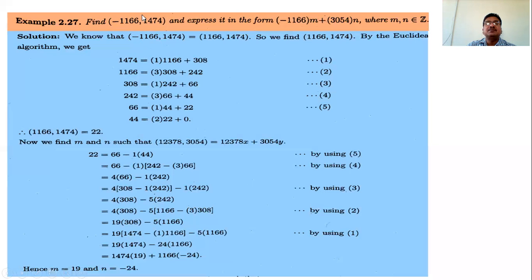If this is positive and this is negative, then also write this sentence. If both are negative, then write this statement also, and just find the greatest common divisor of the positive integers, and then make the arrangement here.